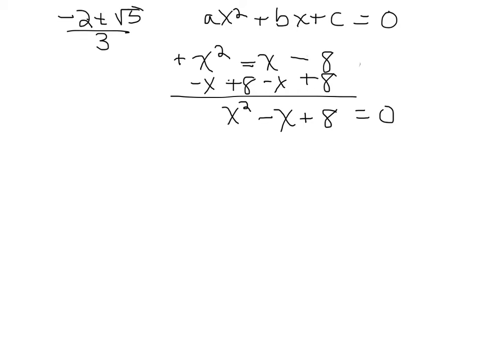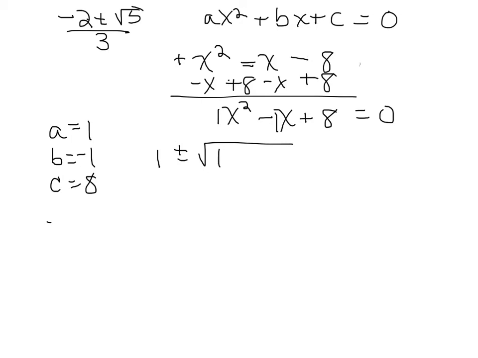And we can go over here and we can say a is equal to 1, because that's the coefficient of the quadratic term. B is equal to negative 1, because that's the coefficient of the linear term. And C is equal to 8. So here we go. The opposite of b plus or minus the square root of b squared.